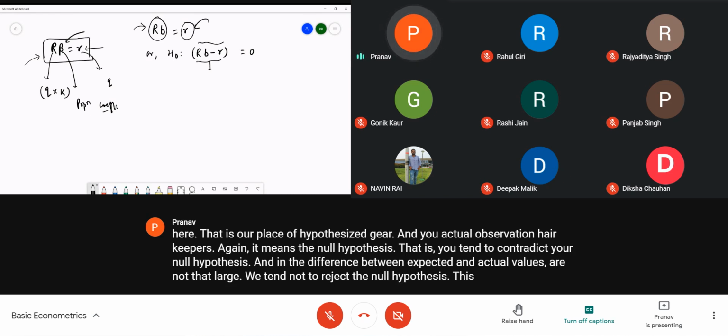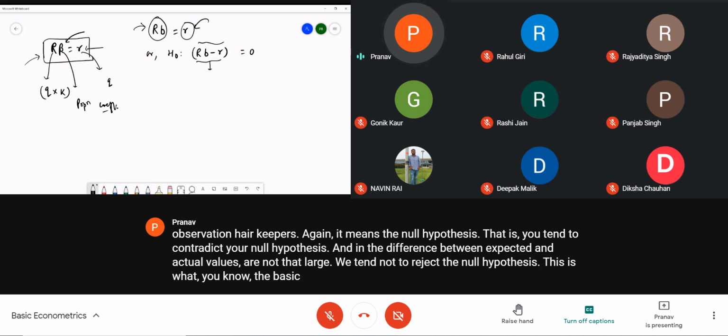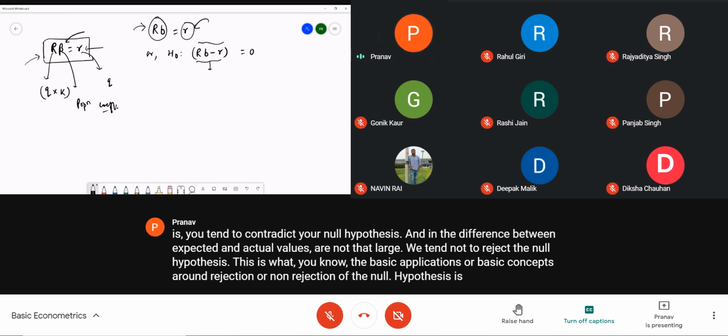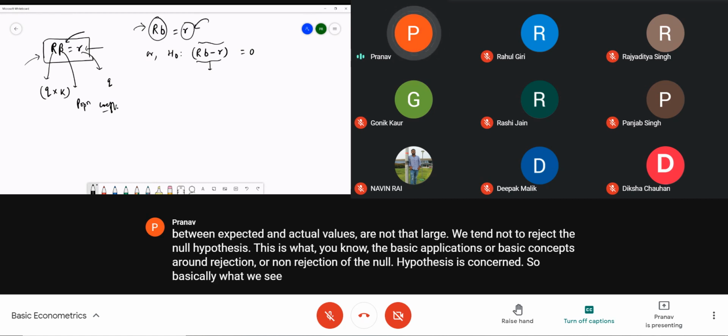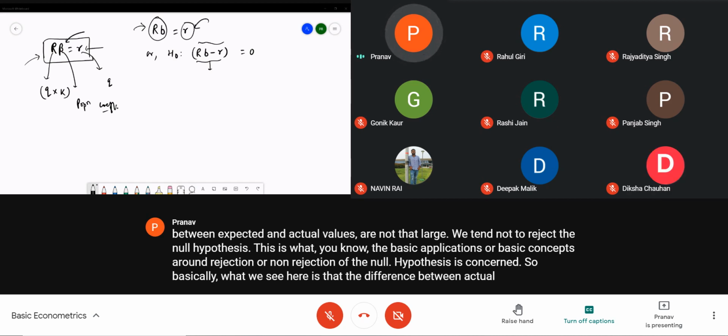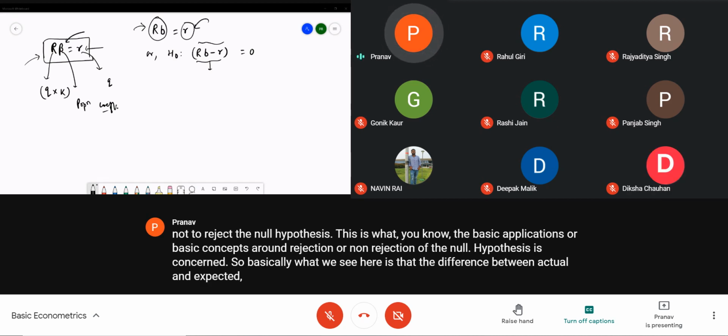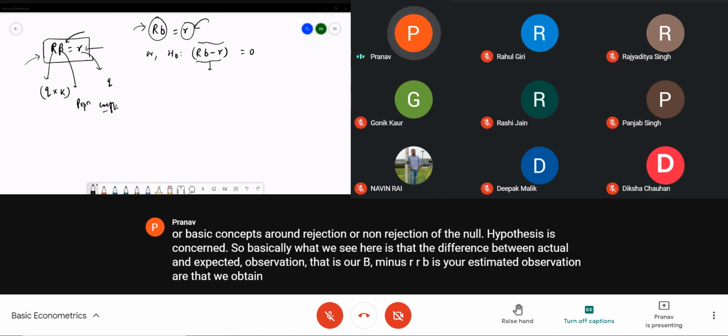This is the basic concept around rejection or non-rejection of the null hypothesis. So basically, the difference between actual and expected observation is Rb minus r. Rb is your estimated observation, and r that we obtain is the actual observation.